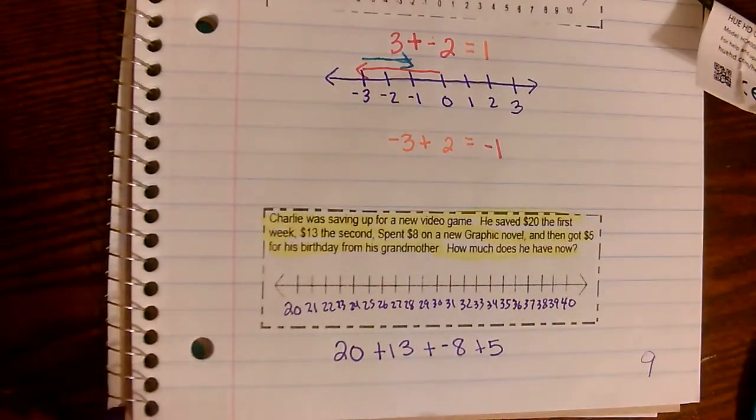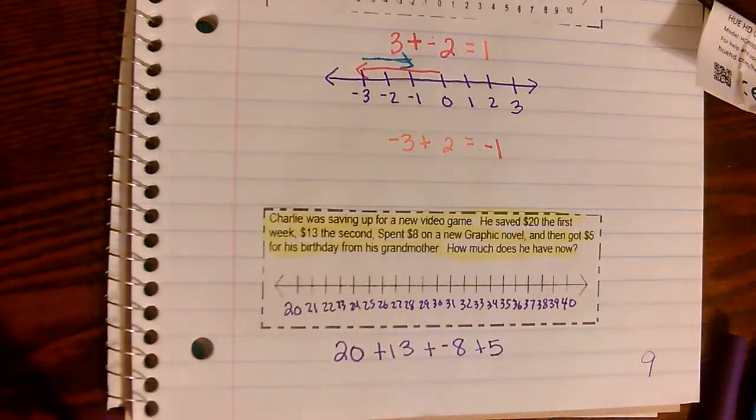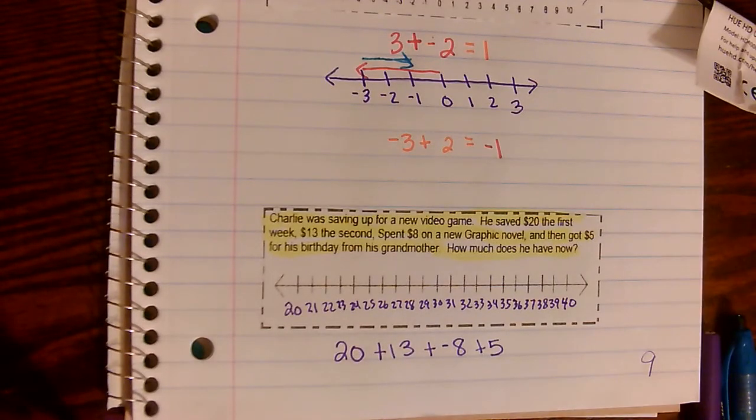Number lines never necessarily have to start at 0. Okay, so we're going to do this check a couple of ways. First, we could sit down here and add all this up, but this number line is helpful too, and that's what I wanted to show you.